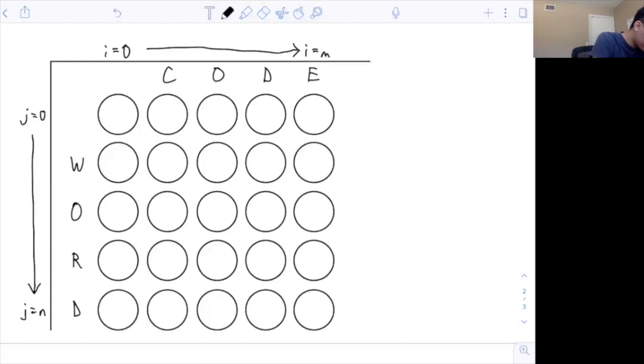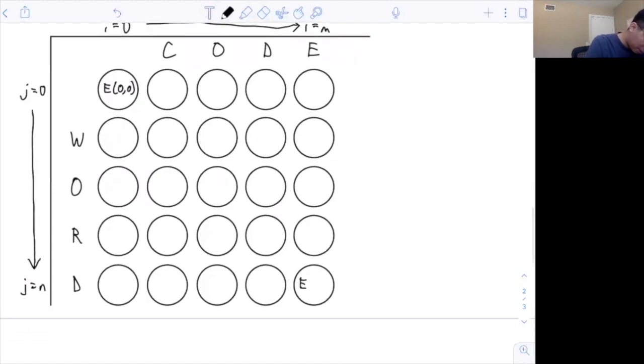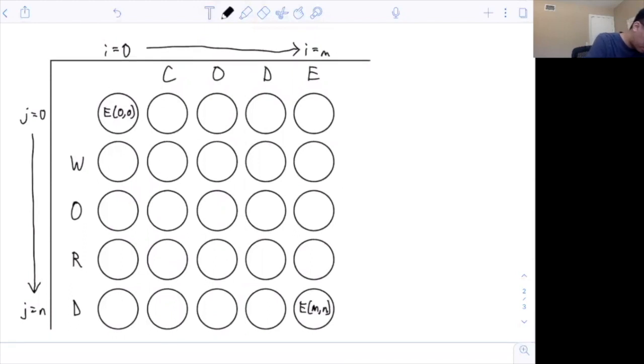In the top left corner here, this represents E of 0, 0. And in the bottom here, we have the solution to the problem we're trying to figure out, which is E of m and n. Everything in the middle are subproblems. Every circle here is a subproblem E of i, j.